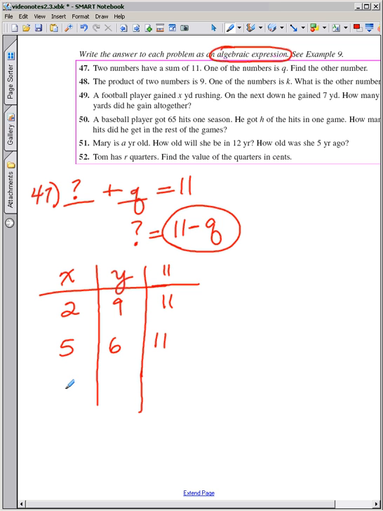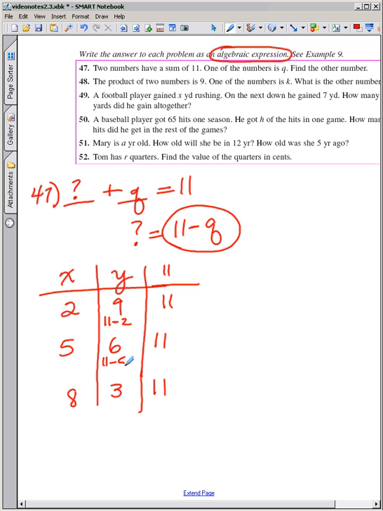What if the number is 8, and they add up to 11? Well, that other number has to be 3. What way are you getting the other number? If you knew one, you subtract it from 11 to find out what the other number was, right? So if you knew 2, you'd say 11 minus 2 is 9. If you knew 5, 11 minus 5 is 6.